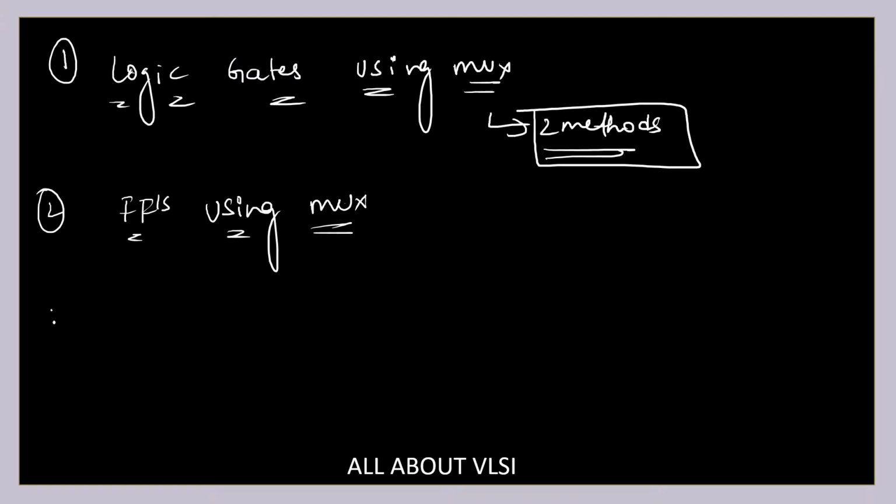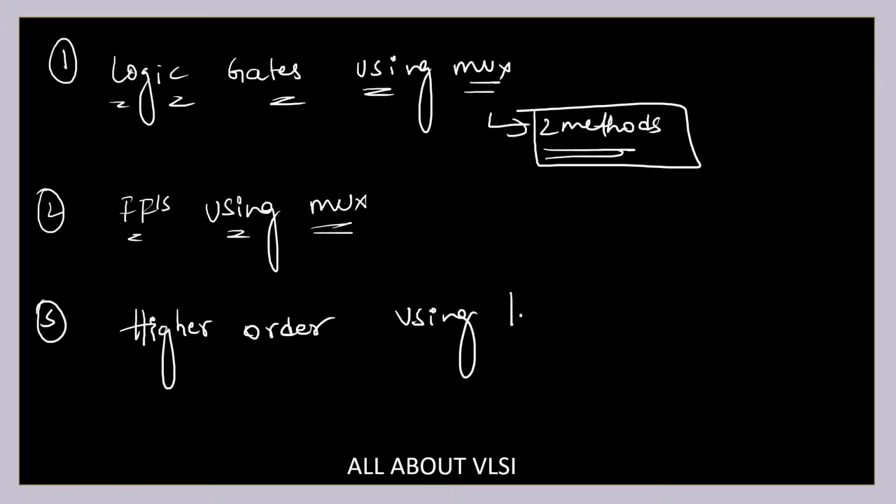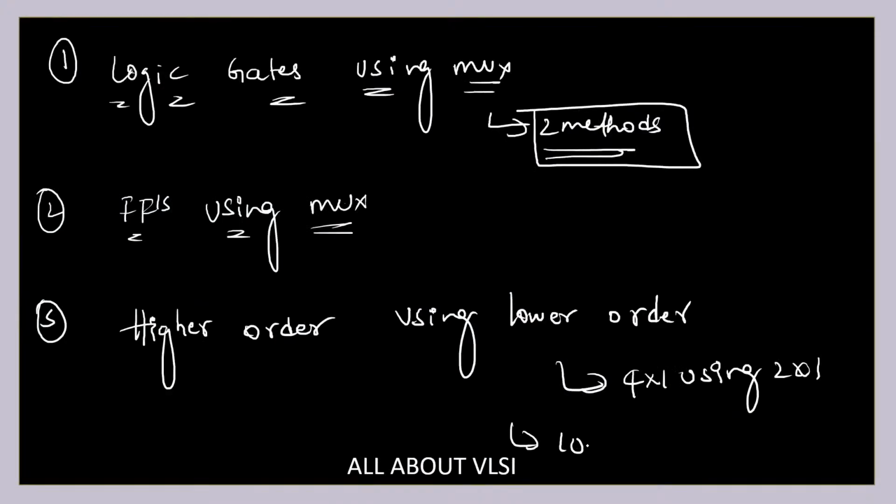The third type of question you can expect is higher order multiplexers using lower order multiplexers. For example, implementing 4 cross 1 using 2 cross 1. And someone has asked about 10 cross 1 using 5 cross 1.